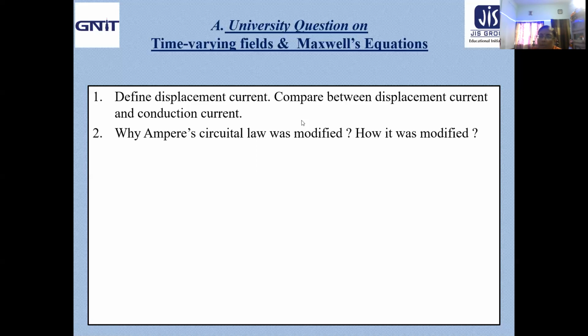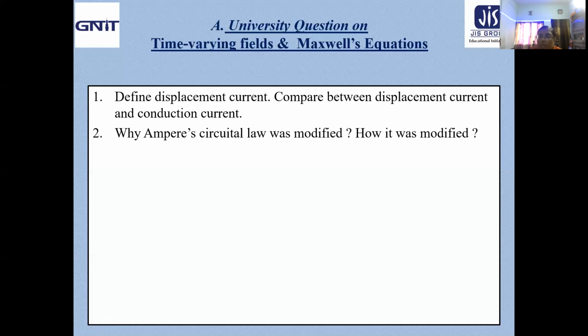Then the next question is how it was modified. It was Maxwell who first identified that Ampere's circuital law is applicable only in the case of static charges, but not for time variation of the field. So what was his prescription?